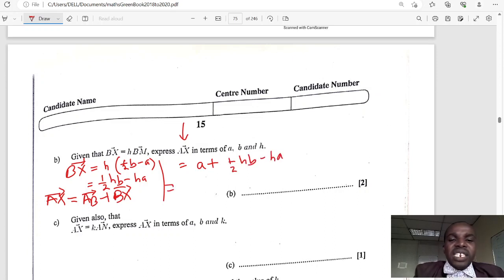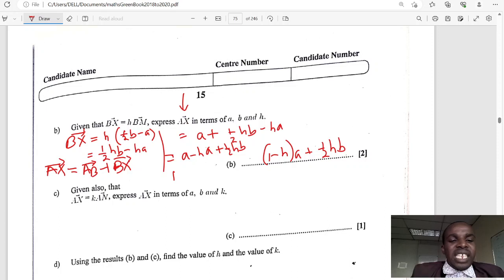Then you collect like terms in A. So it will be A minus HA plus half HB. So you factor out A, and it will be 1 minus H, then A plus half HB. So this will be the solution, done.